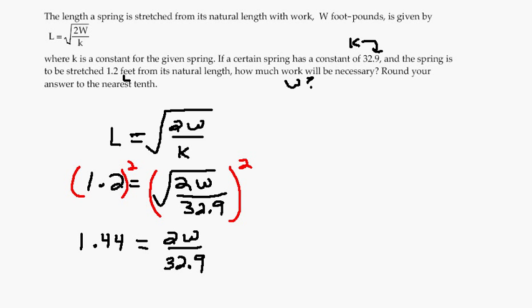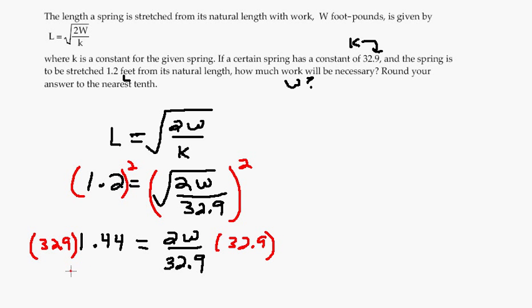Now we're just going to solve it by getting W by itself. It'll take 2 steps to do this. You could do it in 1, but let's multiply both sides by 32.9. So we have 1.44 times 32.9.